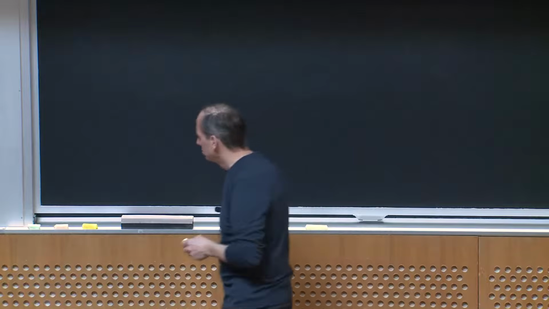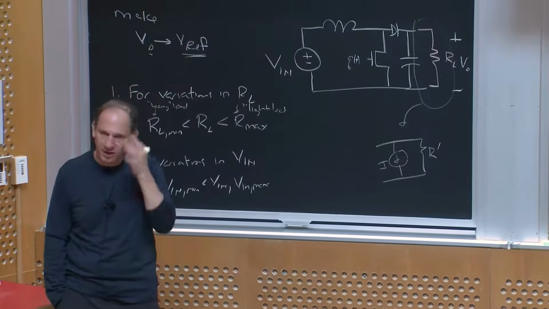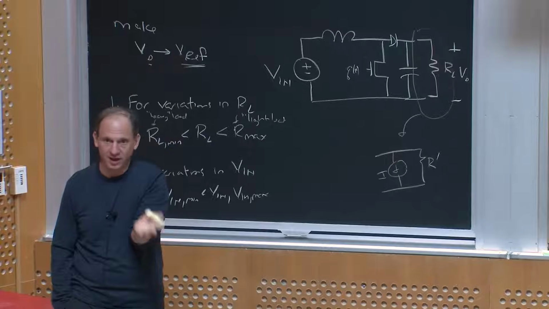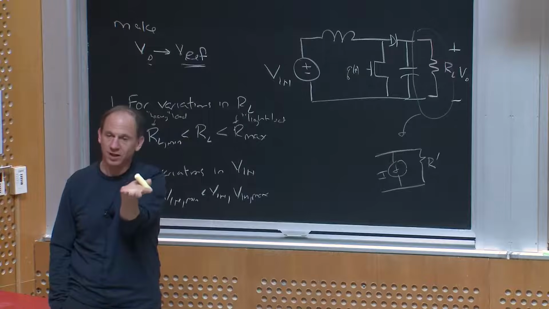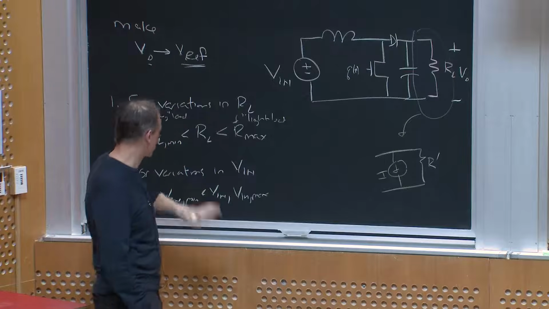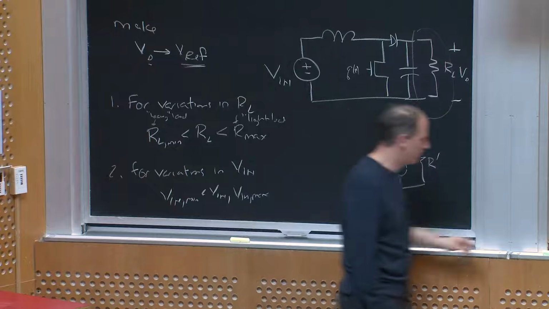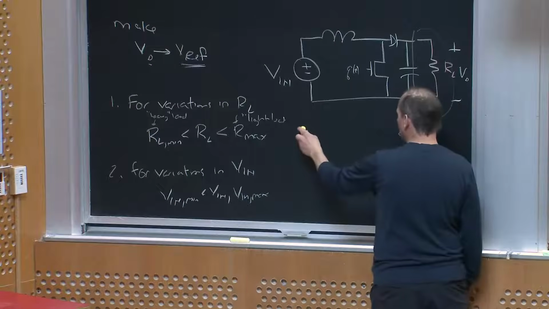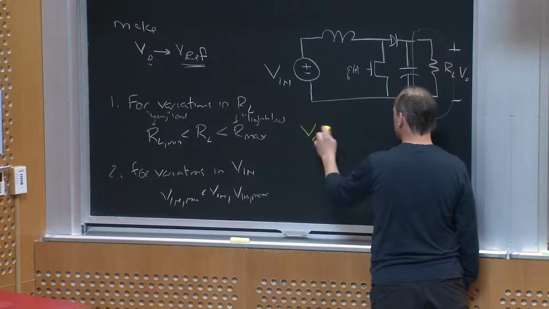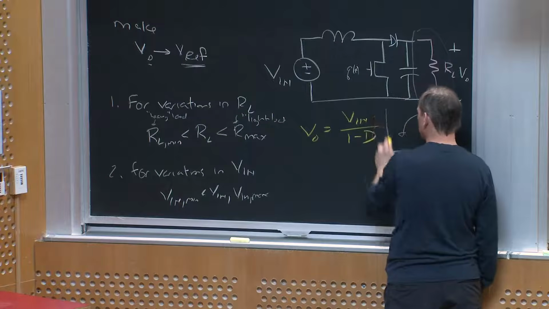Now, so far we've spent a lot of time talking about the steady state operation, right? And that's usually always the first thing I look at because it tells me when things are sitting at some place, some load resistance, some input voltage, what it's going to do. And we said for the boost converter, Vout is equal to Vin over 1 minus D, right?